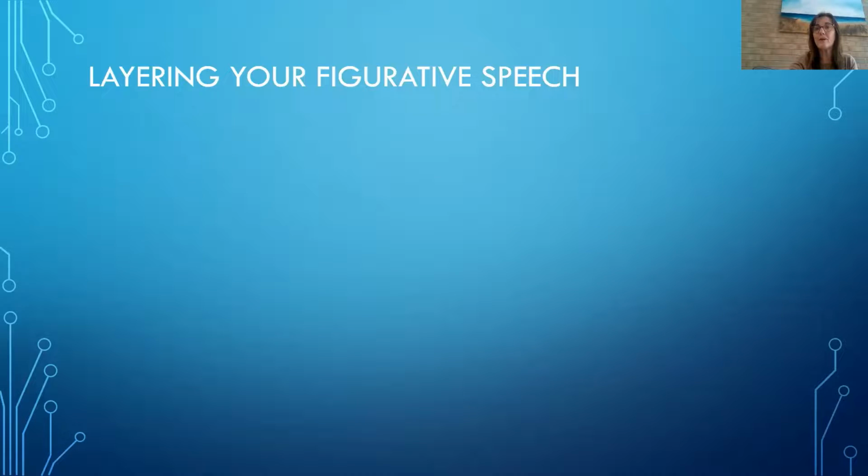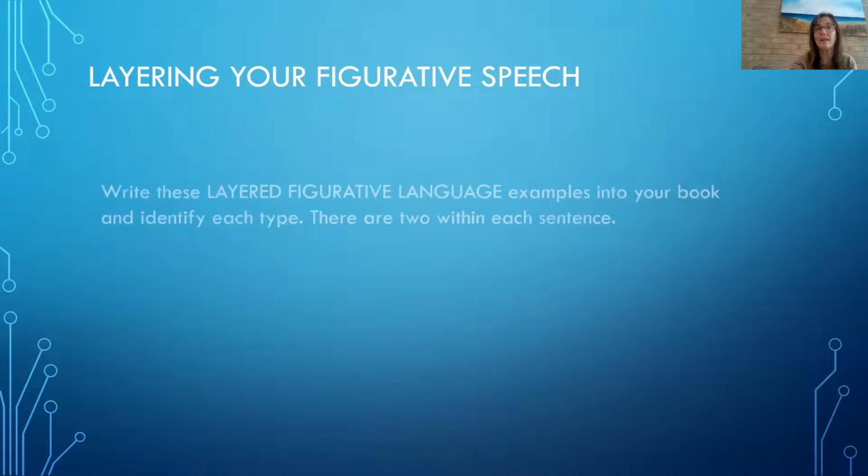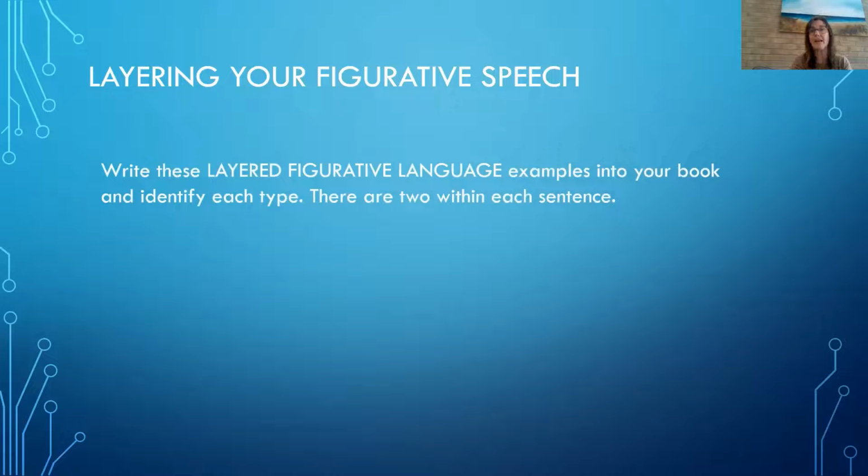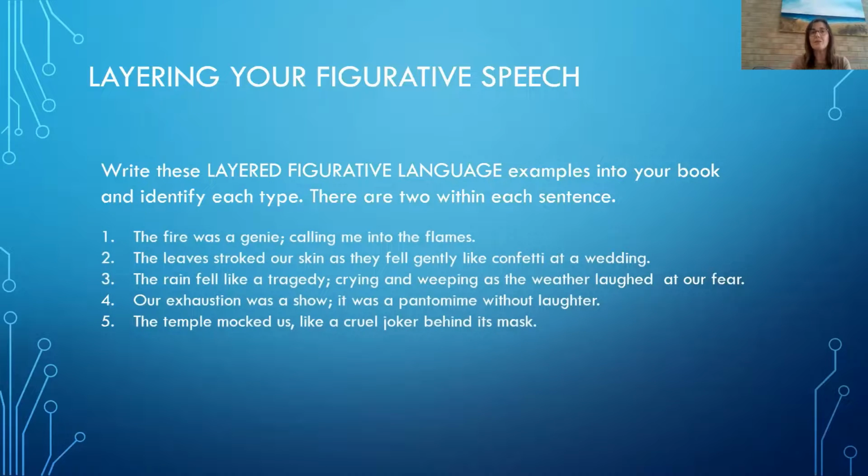So let's have a look at some other examples of layering figurative speech or figurative language. Write these layered figurative language examples into your book and see if you can identify what types are within each sentence. There are 2 within each sentence. I'll read them out to you. Number 1, the fire was a genie calling me into the flames.